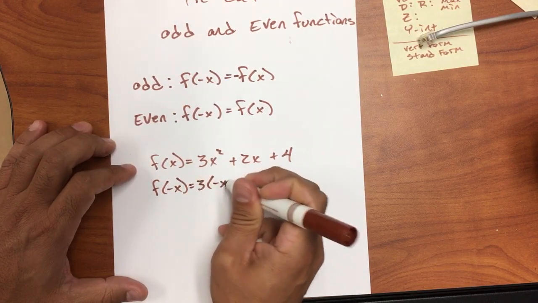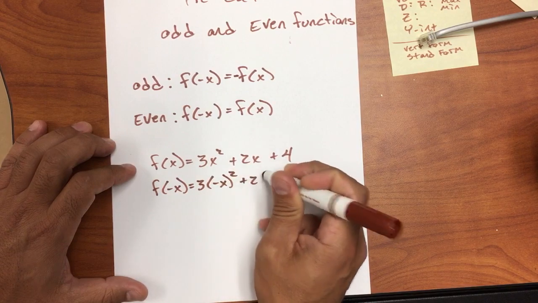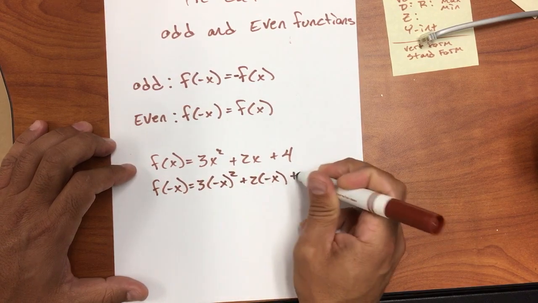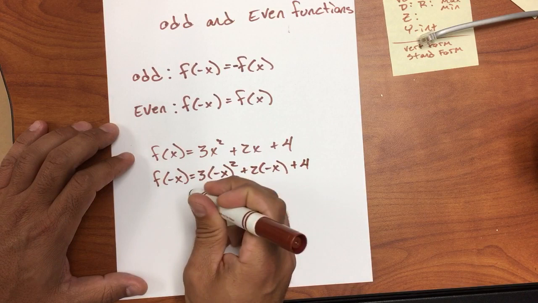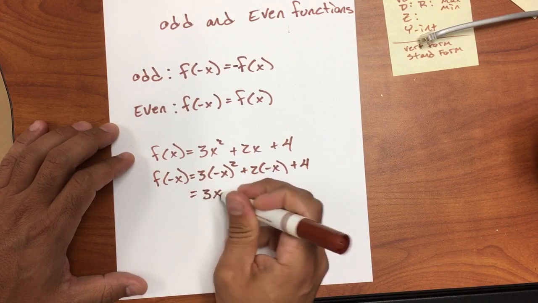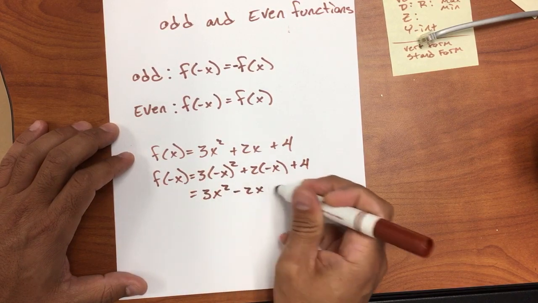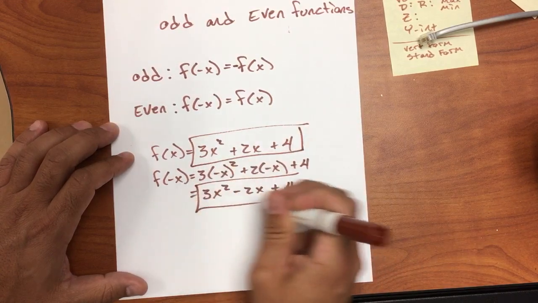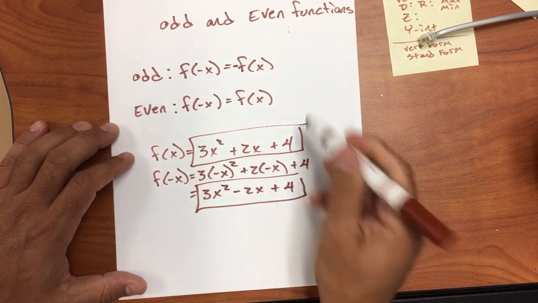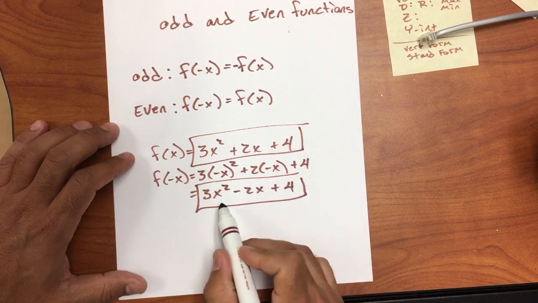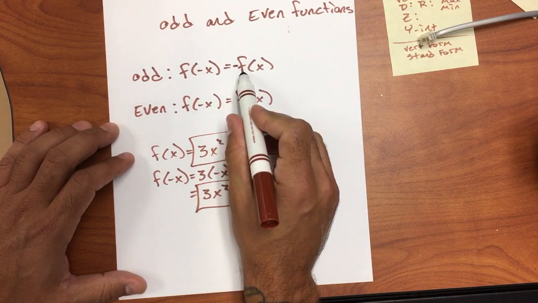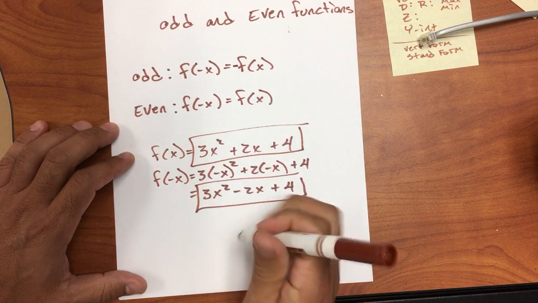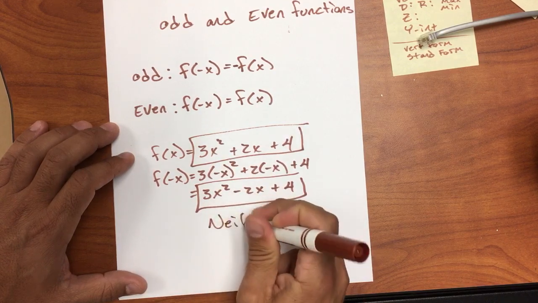I'm just going to plug in a negative x to all of my x's, see if the function is the same or if it changes sign. This is going to be the same. This is going to be negative 2x. So when I look at this and I look at this, they are not the same. So it can't be even. This is not the exact opposite sign of that, so it can't be odd. So this one would be described as neither.